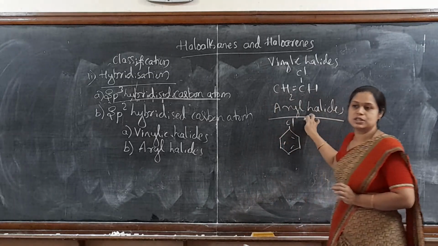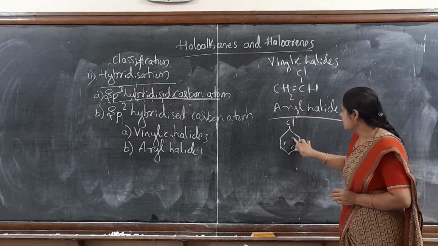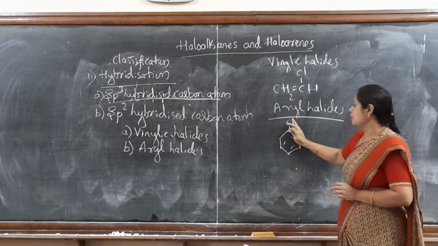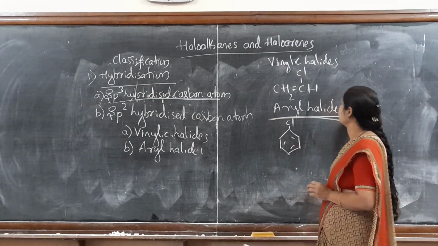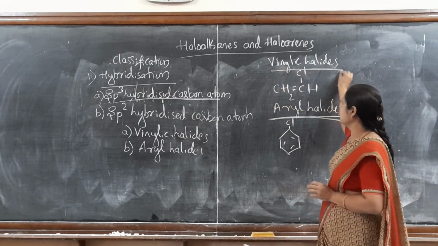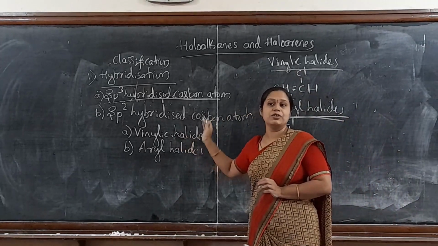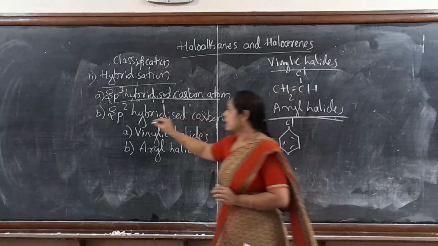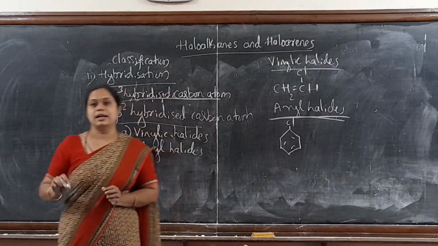These are the types in haloalkanes and haloarenes classification, where we have vinylic halides and aryl halides depending upon whether the halogen atom is present on an sp2 hybridized carbon atom.